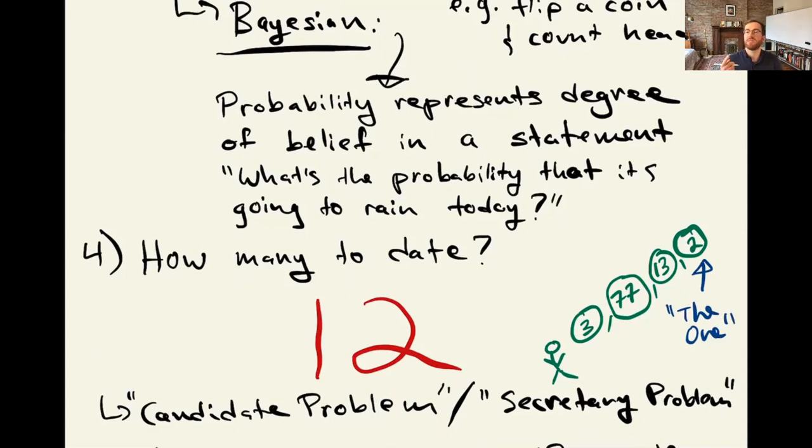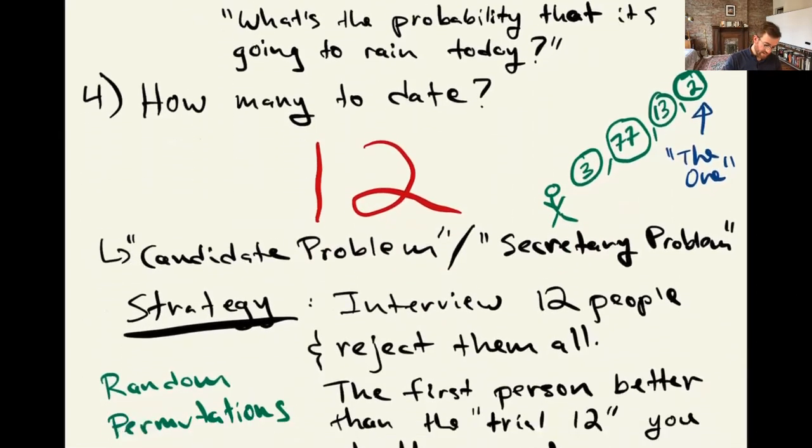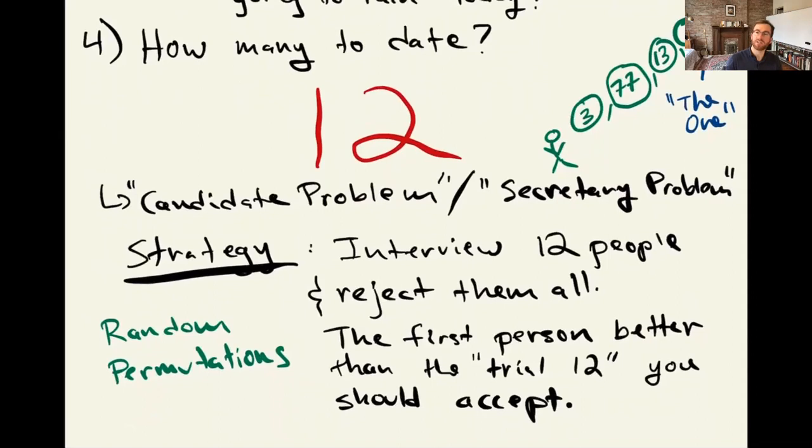So how do you strategically approach the problem of being approached by people and then either accepting or rejecting them, with the idea that you want to eventually land on the person who is your absolute best, your soulmate? It turns out, of course, it's really hard to do, and there are good strategies and bad strategies.